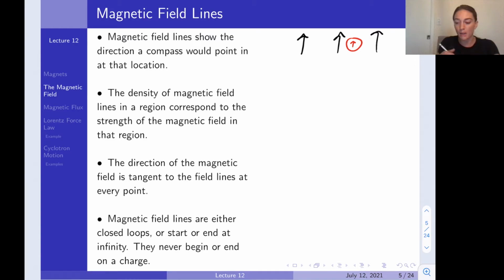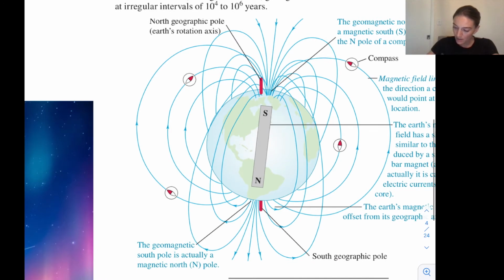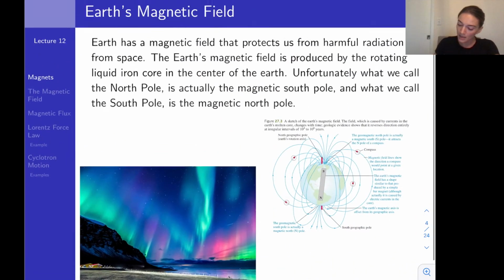The north pole of that compass would point in the direction of your magnetic field lines. That's what they have drawn here, and this little red just means that it's the north pole of the compass. So the north pole of this compass will point along the direction of the magnetic field lines and point you to the geographic North Pole.